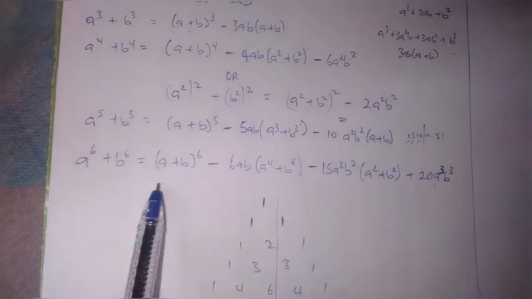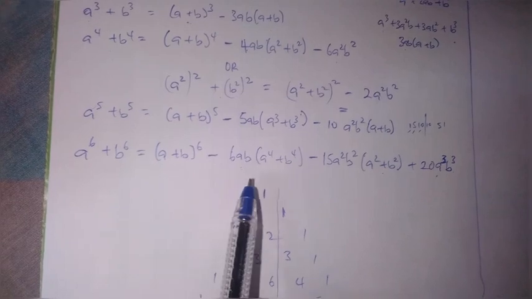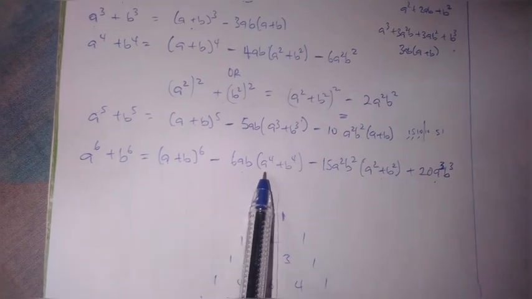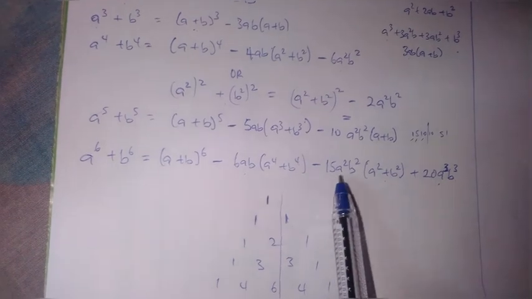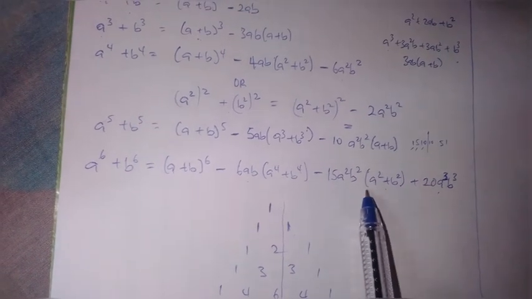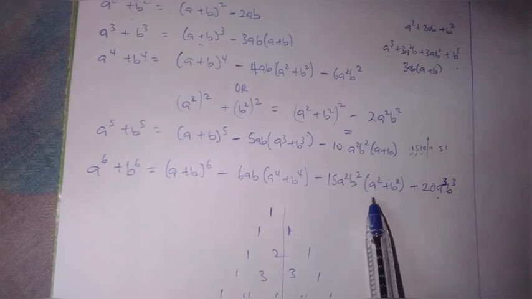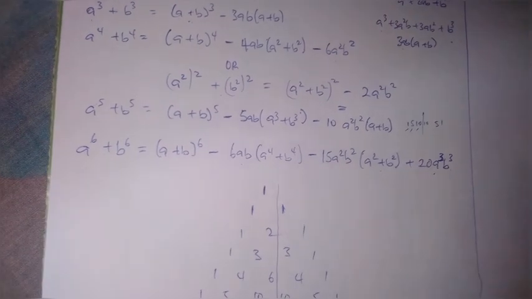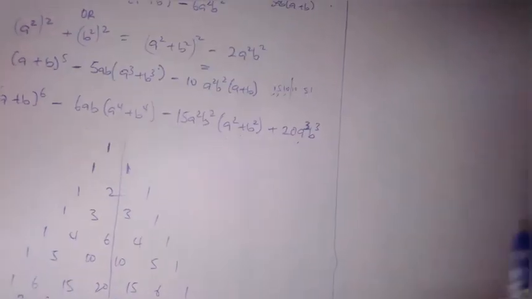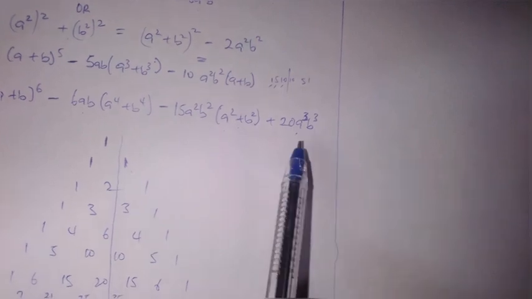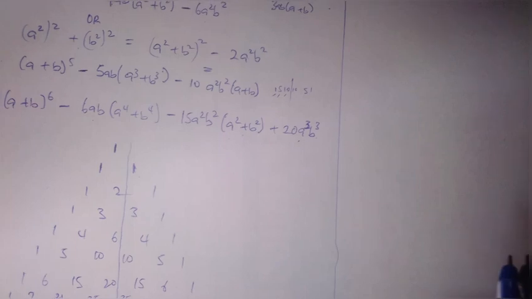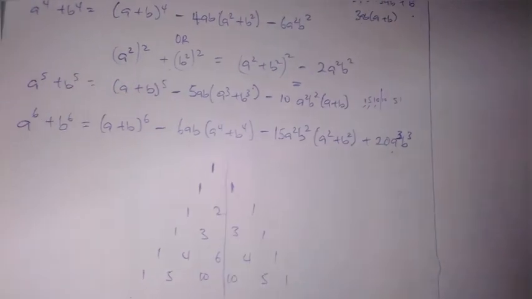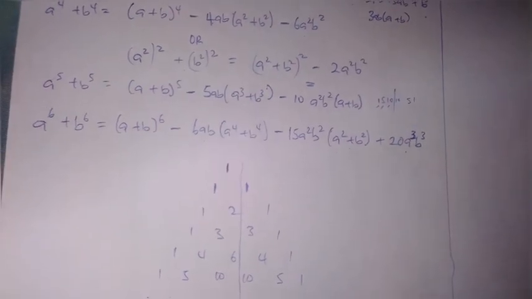So I should have a plus b raised to power 7 minus 7ab into a raised to power 5 plus b raised to power 5, then minus 21 a squared b squared into a raised to power 3 plus b raised to power 3, then plus 35 a cube b cube into a plus b. So if you can write what I just said down and then try it out, I believe you should get the answer.